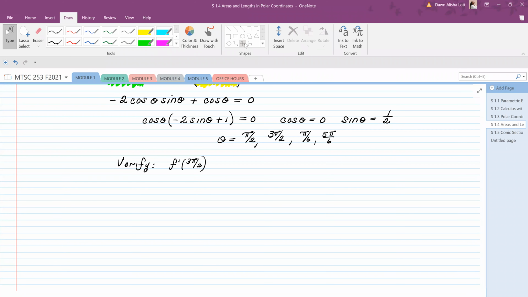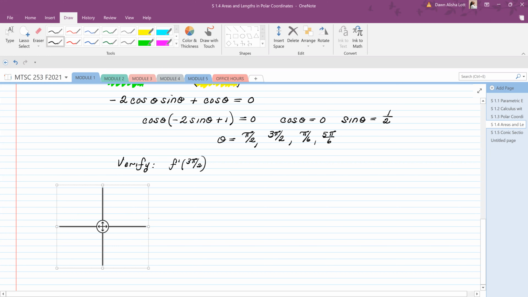Let me draw it real quick. r is equal to, what did I say? I had 1 minus cosine theta. So this one, no, I said 1 minus sine theta, right? Yeah, I was about to say that. Okay, thank you. Okay, so this one looks like this.